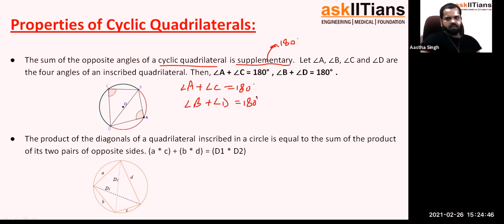The main point is that the sum of opposite angles in a cyclic quadrilateral is equal to 180 degrees, and this is the main property of your cyclic quadrilateral.